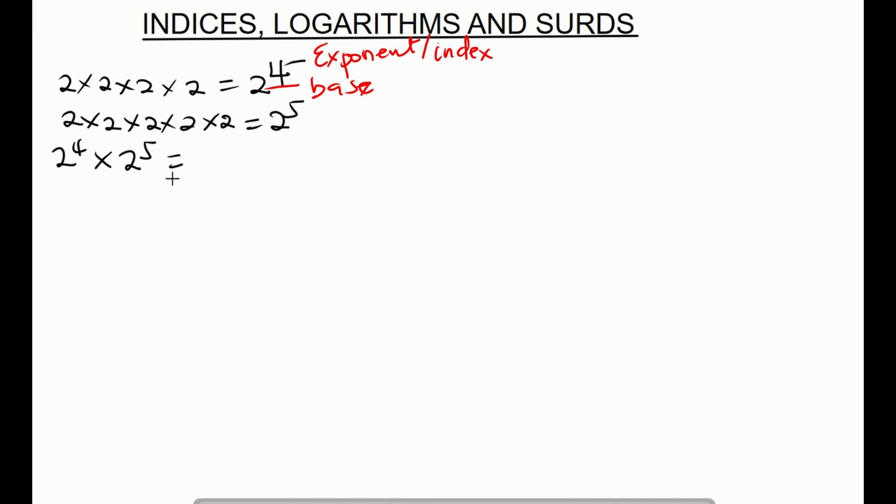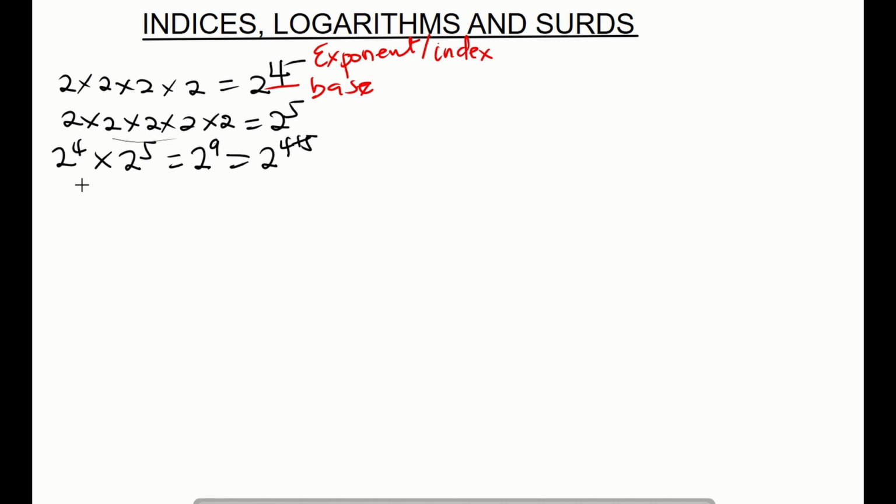When we have a calculation like this, since they both have the same base, the difference is in the exponent, or the index. Now let's count the number of 2's over here: 1, 2, 3, 4, 5, 6, 7, 8, 9, which is the same as 2 to the power 9.